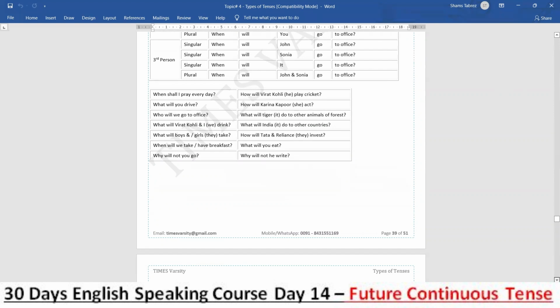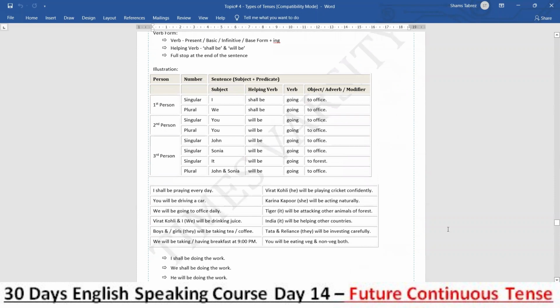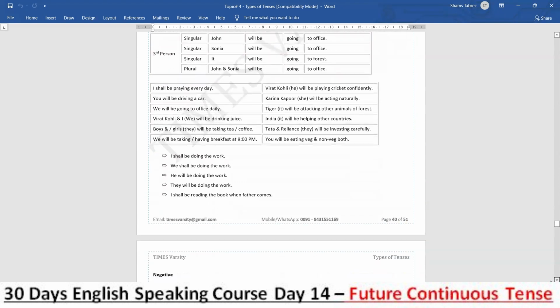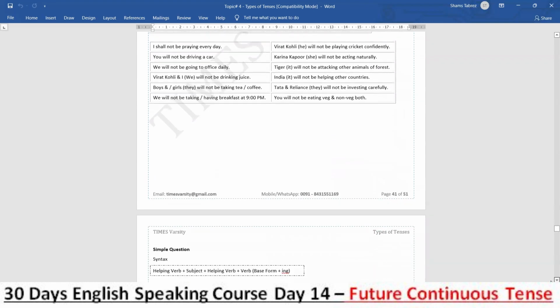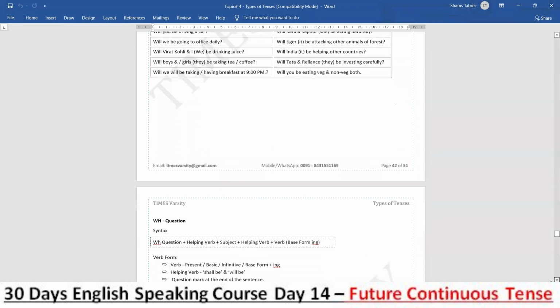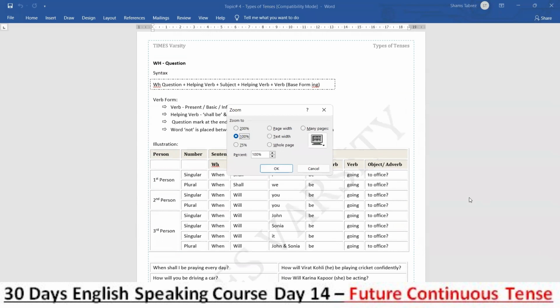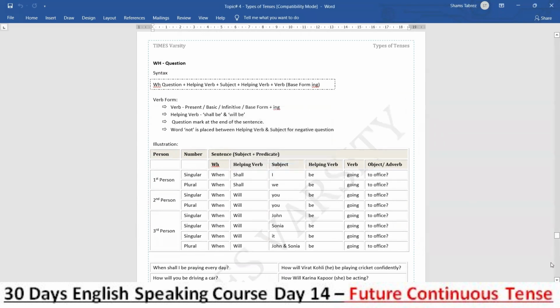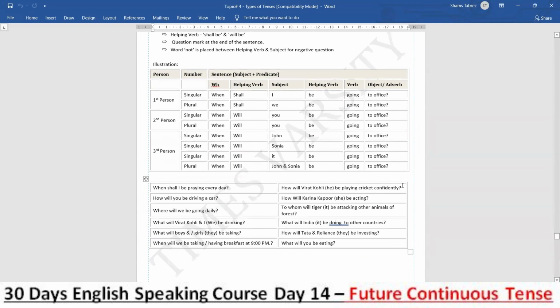Okay, this is simple question. No, so this is indefinite. Now we come to future continuous. In future continuous, okay, this is indefinite, negative. Then we have simple question, then WH question. So in WH question here, how will Virat Kohli be playing cricket?